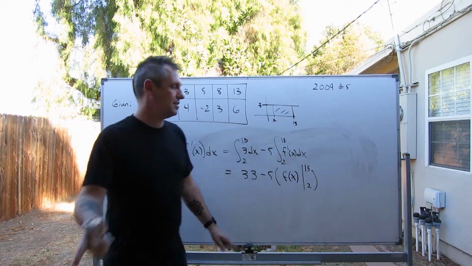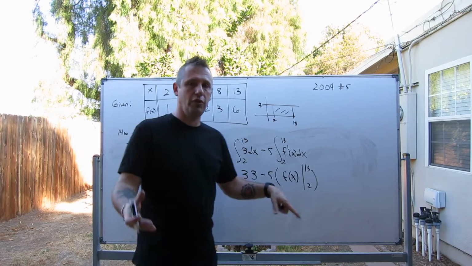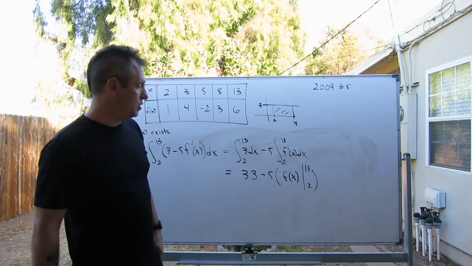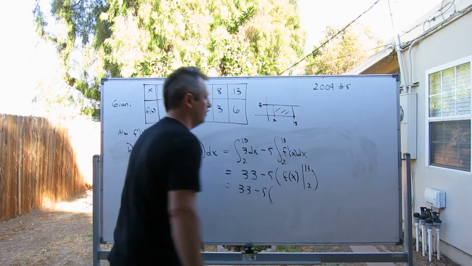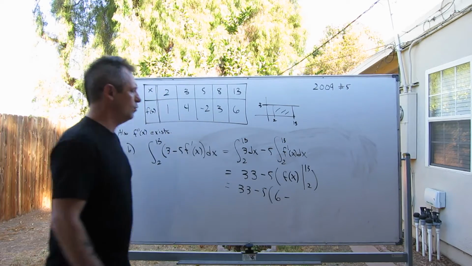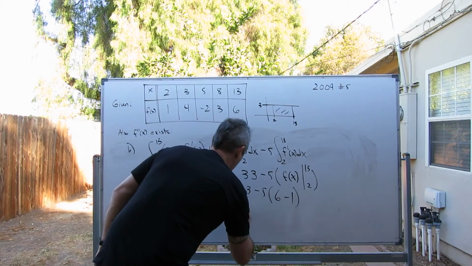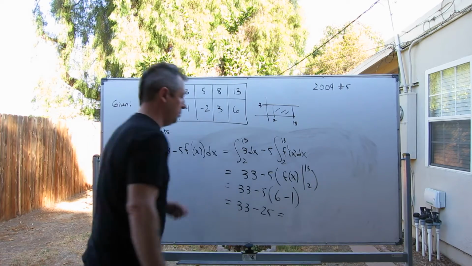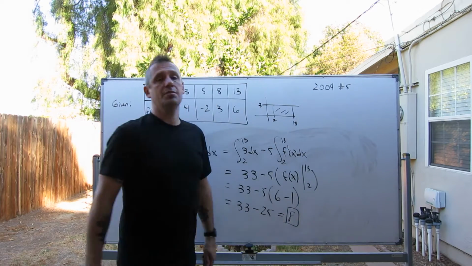We usually choose the antiderivative where the c is 0, but we're actually free to choose any antiderivative we want, including, in this case, the function f of x, which we don't know. So this ends up being 33 minus 5 times f of 13, which is 6, minus f of 2, which is 1. So this ends up being 33 minus 5 times 5, which is 25, which ends up being 8. And that's my final answer.